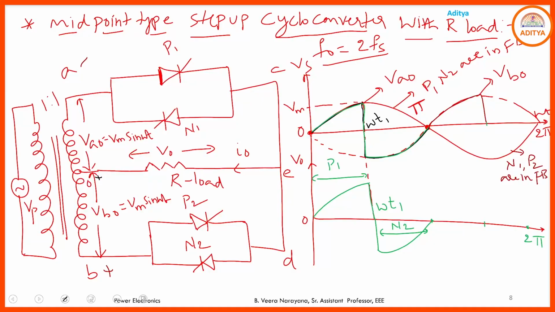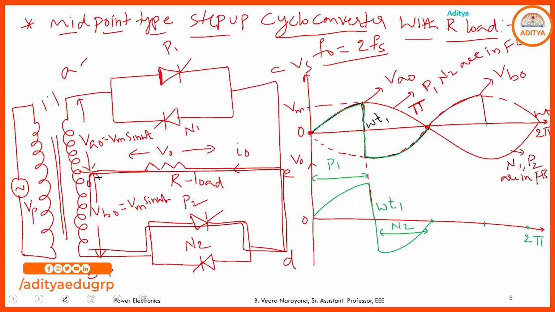If P2 comes to the on state, the lower half VBO is transmitted to the load, and the current flows through the circuit B plus, P2, D, E, R, O minus. Again the current flows from E to O. So due to the conduction of P2, we follow VBO. This portion is available across the load.